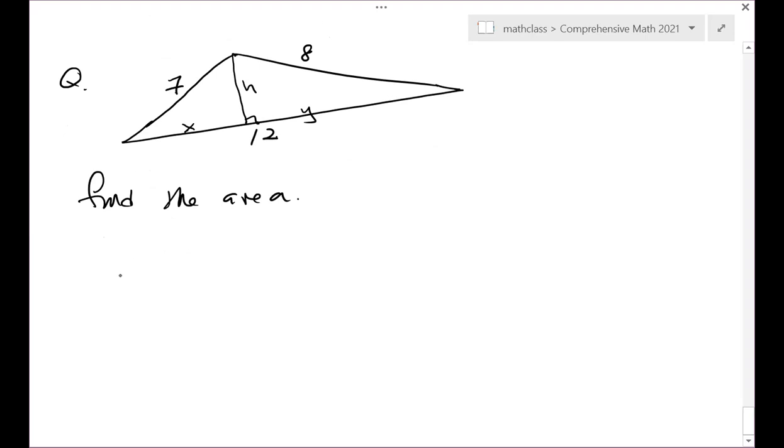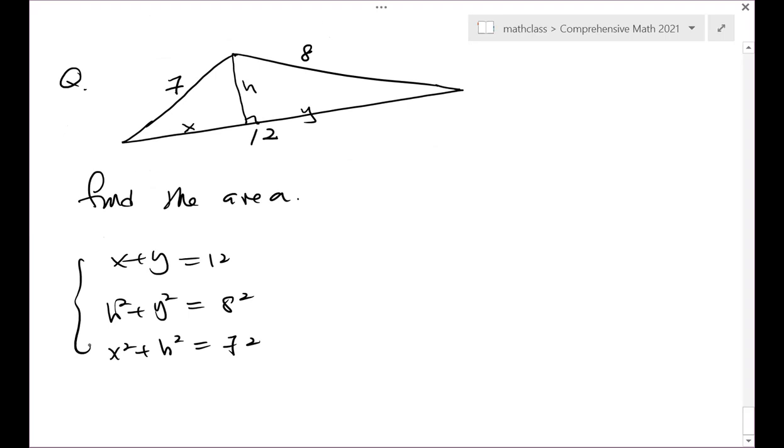So you apply x plus y is going to be 12. That's one equation. You have 3 unknowns. So h squared plus y squared equals 8 squared, then x squared plus h squared equals 7 squared. So you can find x, you can find y, you can find h. Then you solve the problem.